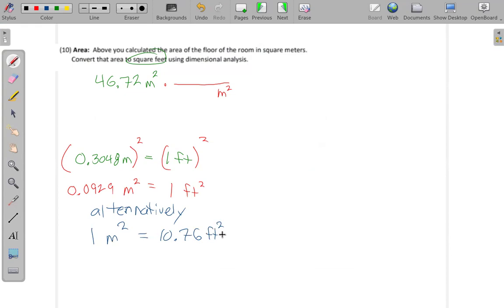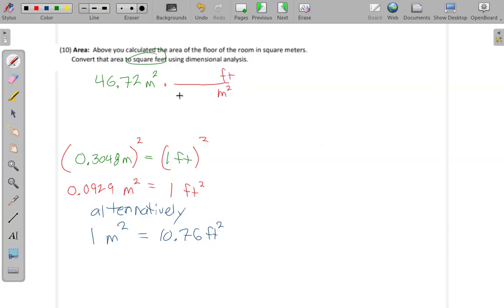A meter is a little over 3 feet. 3 times 3 is 9. If it's a little over 3, then 3 plus a little times 3 plus a little should be 10-ish. Sure, I'll buy that. That seems reasonable. So I have a couple of conversion factors. Either one's going to work out reasonably well. I'm going to go with the red one. I want to change from meters squared to feet squared.